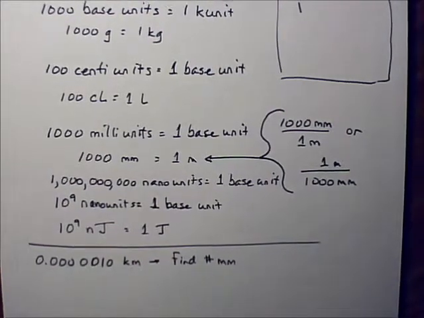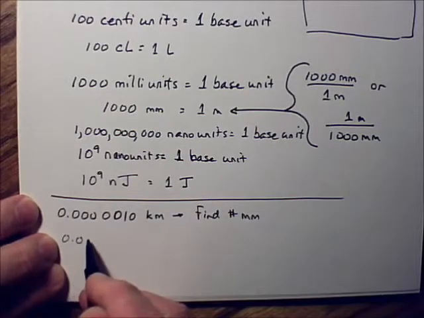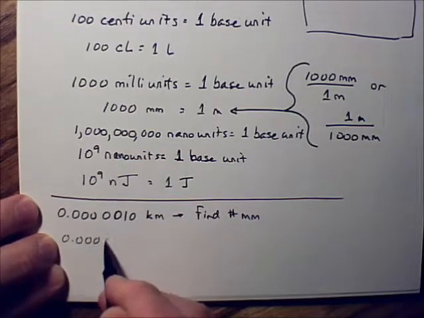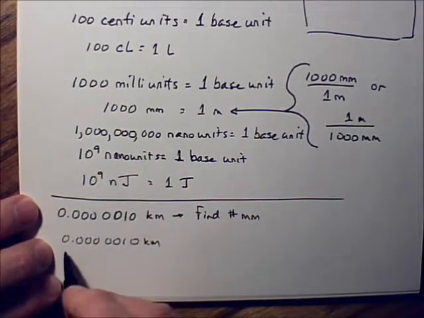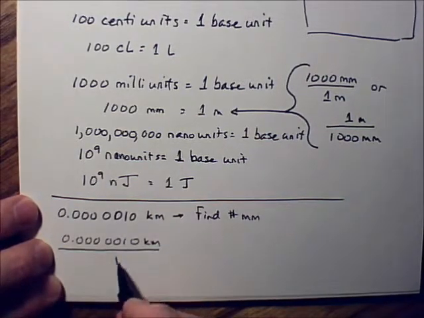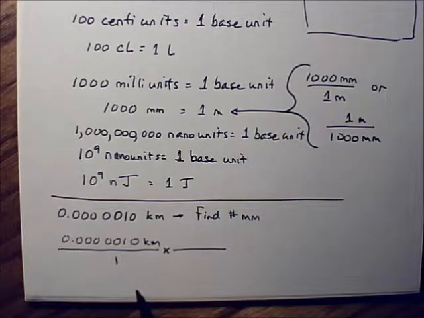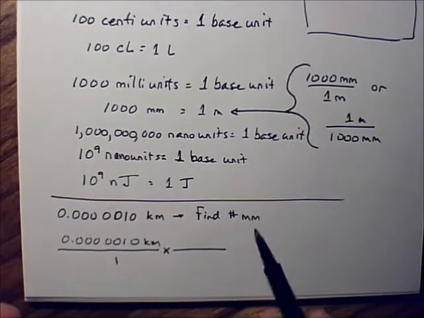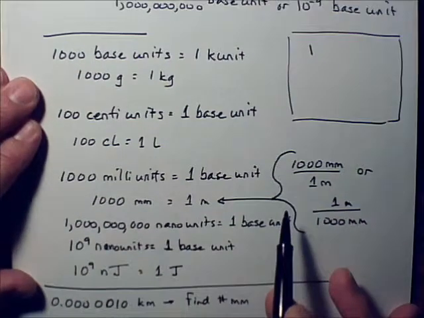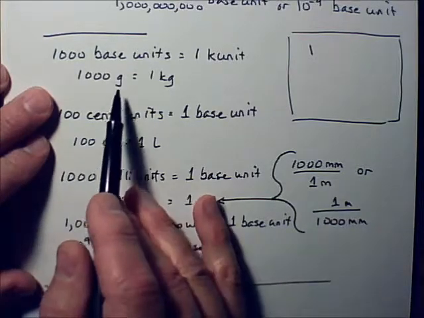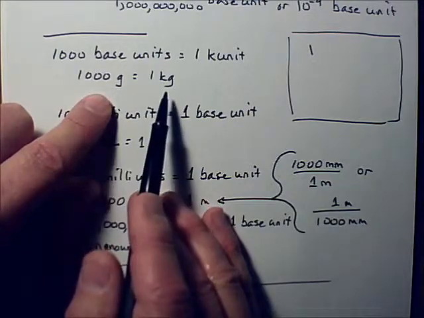All right, you start with your starting amount. So 0.000010 kilometers. Okay, put it over 1. And we need to convert that, but we can't convert directly to millimeters. However, we have what we need to go from kilometers, kilo units, to the base unit, right?